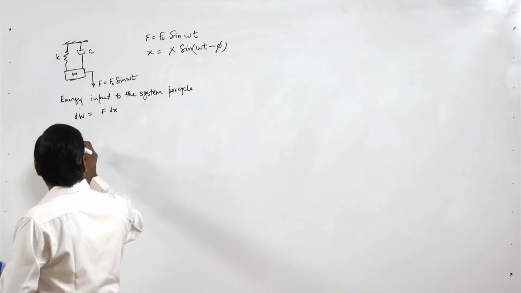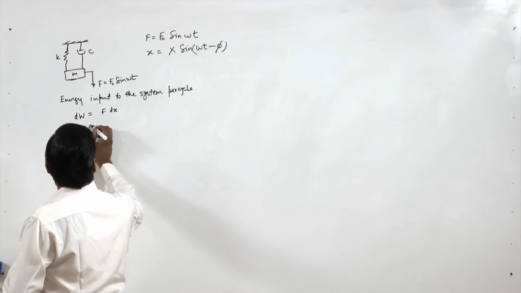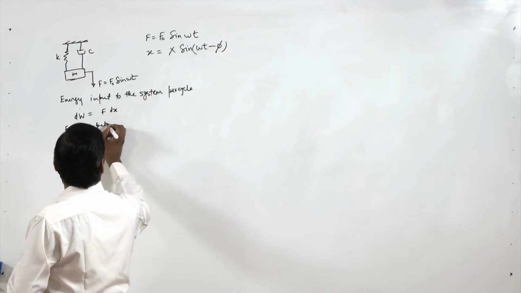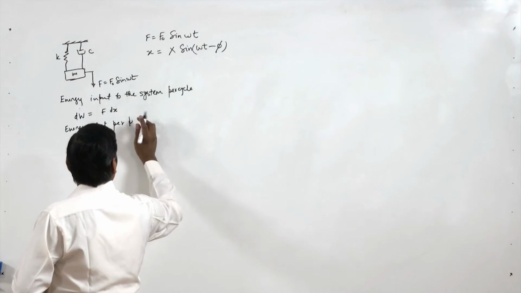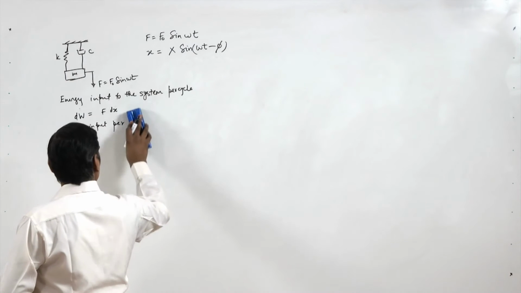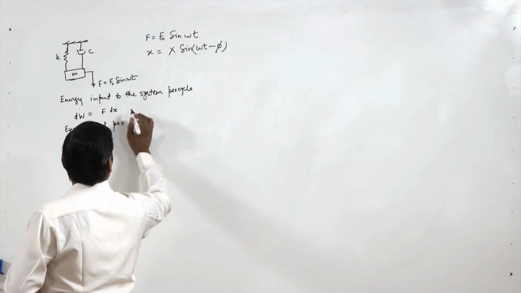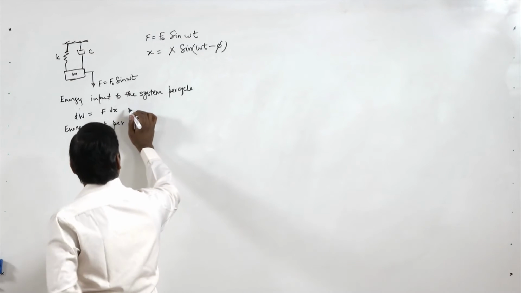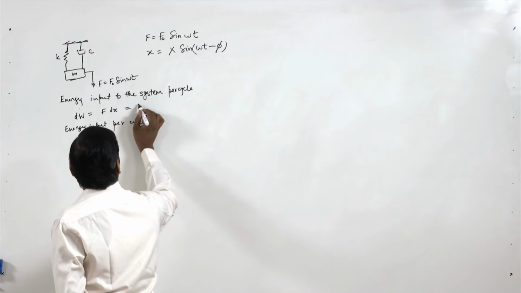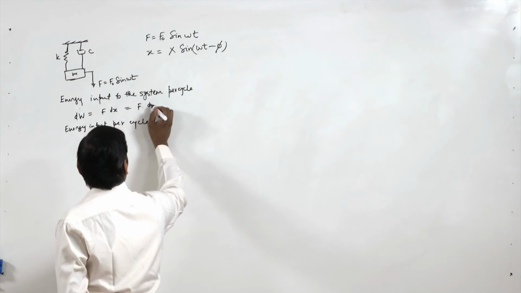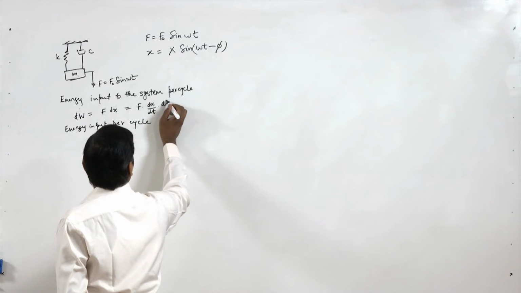So if we want to know the energy input per cycle, here we can write F into dx by dt into dt.